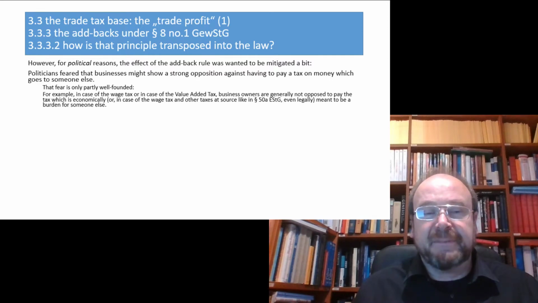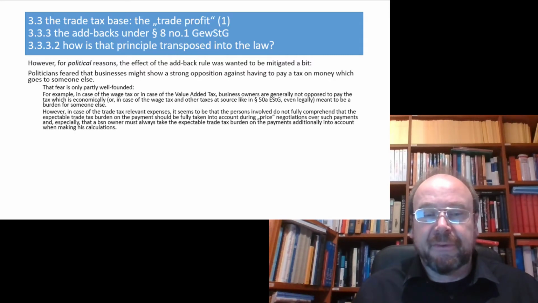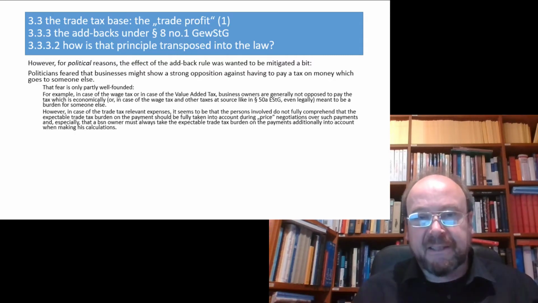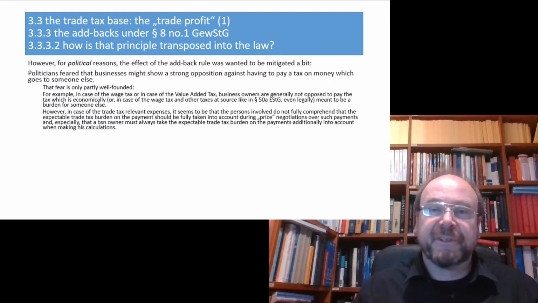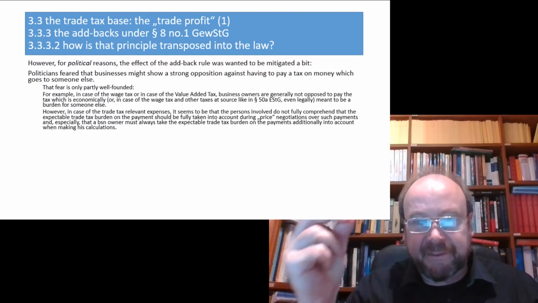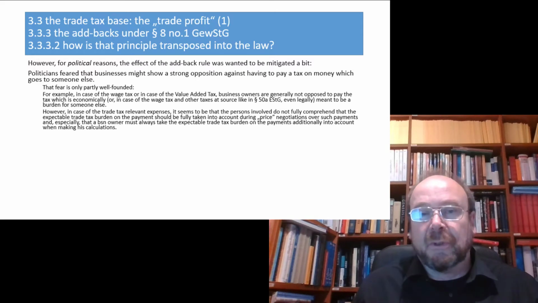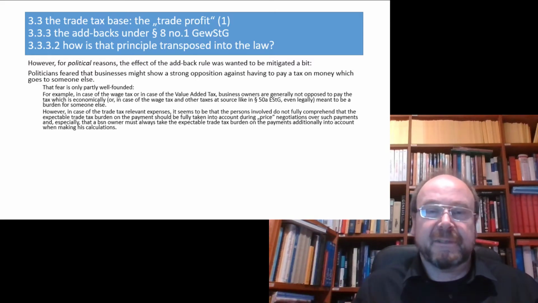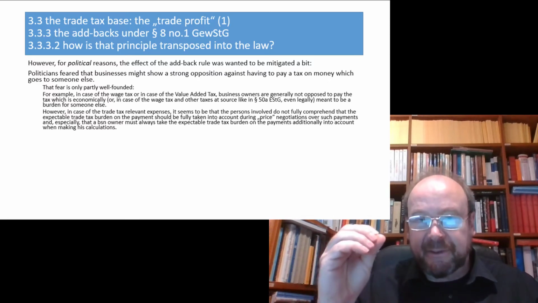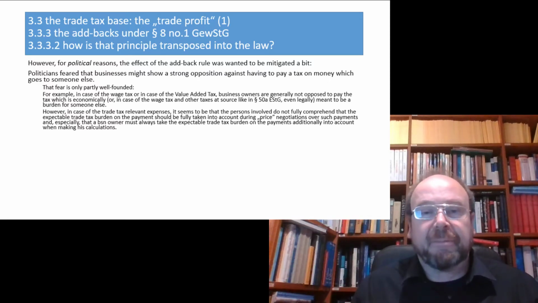The problem seems to be that in that case here, you have to remind the business owner that if he or she takes up credit, they should also calculate not only the interest rate, but also that the trade tax on the interest comes on top. Or if you conclude a lease contract, that not only the lease has to be paid, but the trade tax on the lease payments comes on top, and so on.